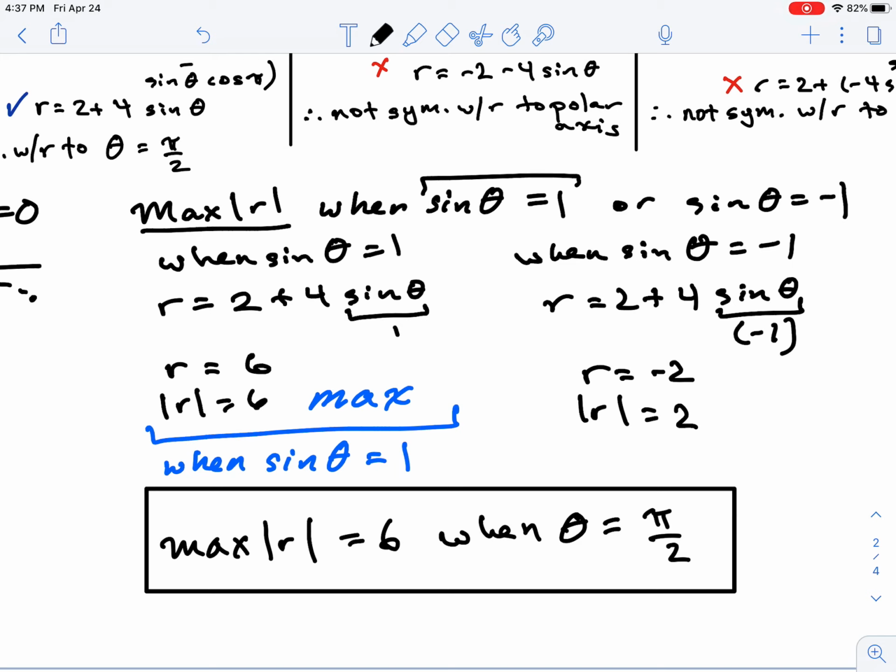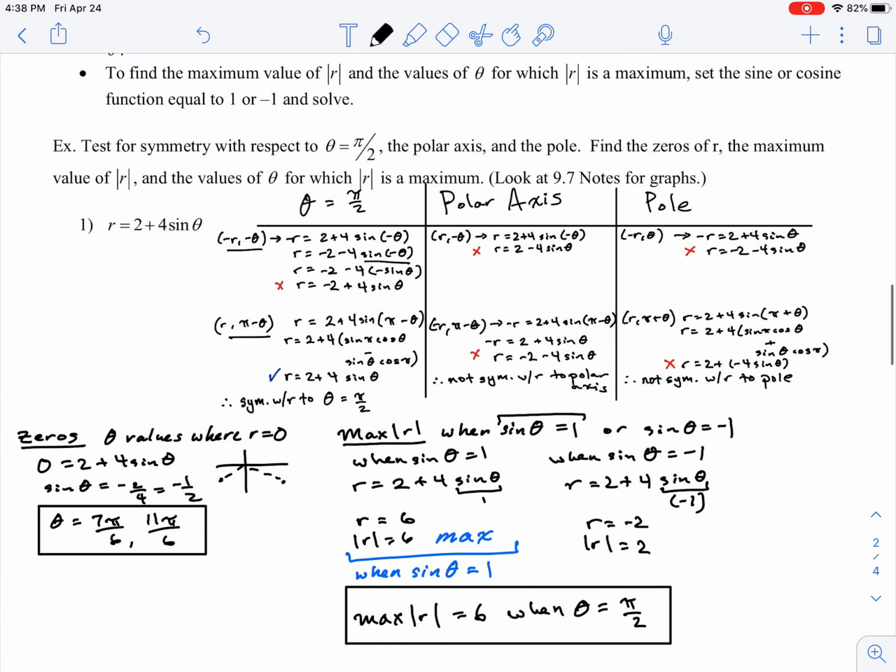Not really, because sine of theta could have been equal to negative 1, and we wouldn't have known unless we checked. Sine of theta is negative 1 when theta is 3 pi over 2. So we have to be clear about selecting only pi over 2 as the angle that produces the maximum, because at theta equal to 3 pi over 2, the absolute value of r would only be 2.